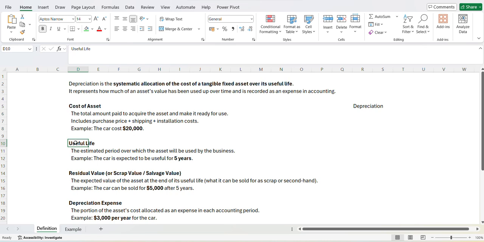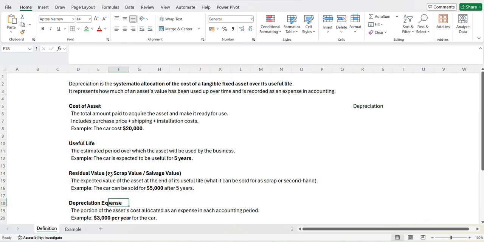Useful life is the life you expect to use the asset. For instance, if you buy a motor vehicle or another asset like machinery and you expect to use it for 3 years, then 3 years is your useful life. It's the estimated period over which the asset will be used by the business.